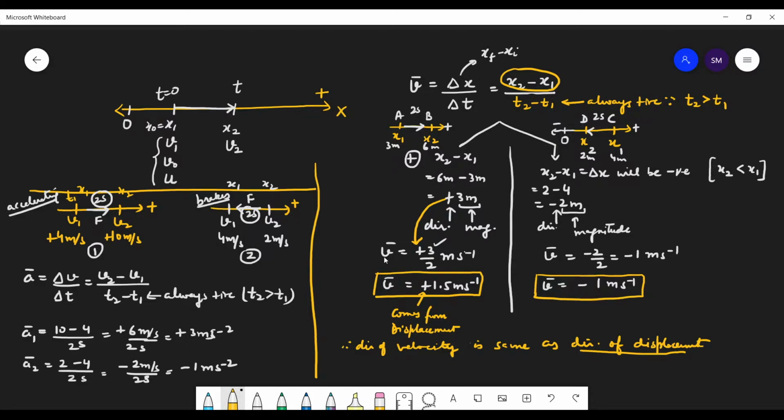So here x2 was greater than x1, and in this case, delta x is x2 minus x1, but here x1 was greater.